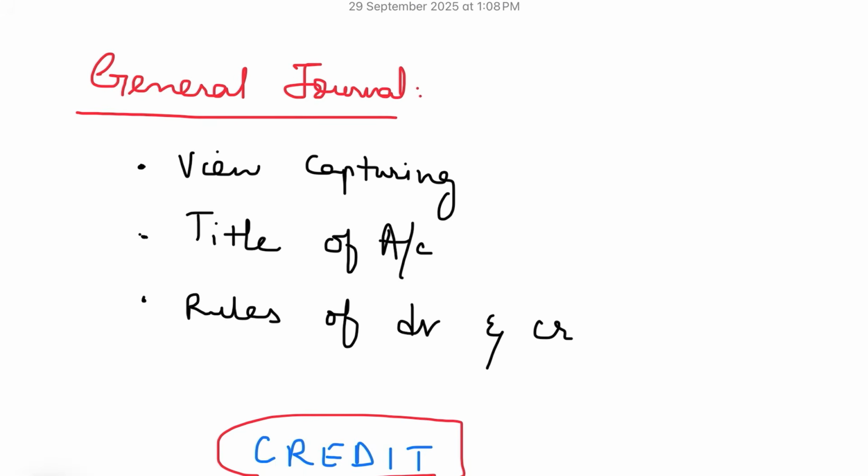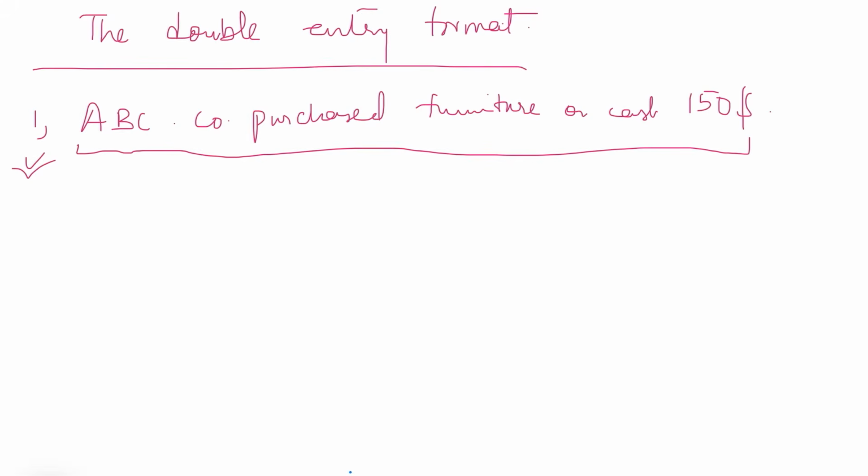In that transaction, you need to capture the view, you need to put the title of account, and after that, the rules of debit and credit. Whenever the transaction occurs, there is a concept of duality. And what is duality? That each transaction has two aspects.